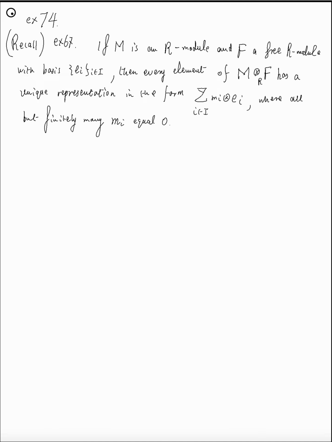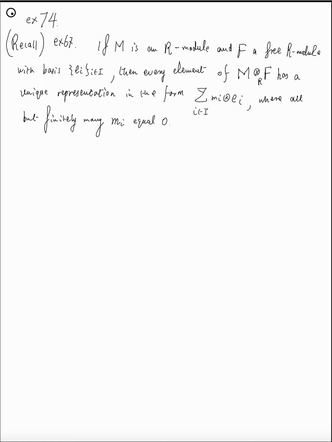So this is the case when you have a tensor product of two R modules. One is free, and for the other we don't know whether it's free or not. If both are free, then we know the tensor product is again a free R module, and the basis is given by the tensor product of the bases. And you know the rank of the free module. But this is a less nice situation, where at least one is free.